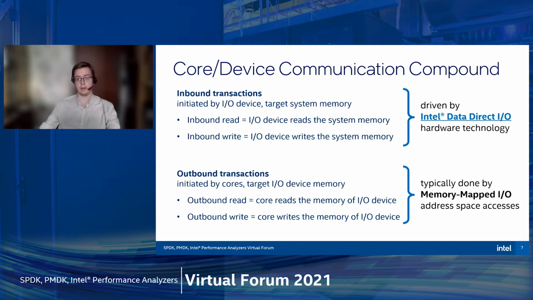But in Intel server architectures, the destination of such inbound transactions is the L3 cache, and this is possible due to Intel DDIO hardware technology, which is transparent for the software.